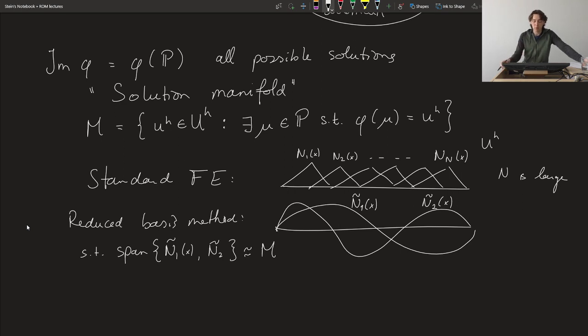And the first one we've already seen, that was modal decomposition. So modal decomposition would be an example of a reduced basis method. We used an eigenvalue problem to come up with these smart basis functions, and with some analysis we actually know that that is a pretty good span of all possible solution states. And even though we weren't really talking about the parameterized PDE back then, or what you're working on right now probably, you could look at the solution manifold as all the possible solutions in time.